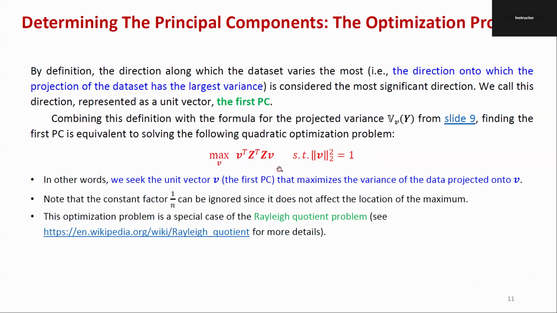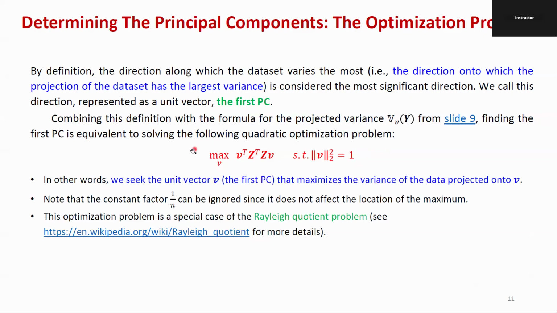What does it mean? It means I want to find a direction along which the data set varies the most, or has the largest variance, while this direction is a unit vector.